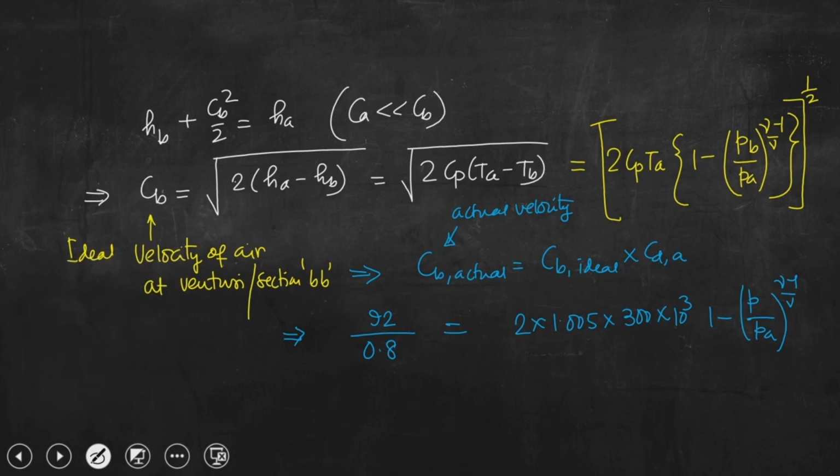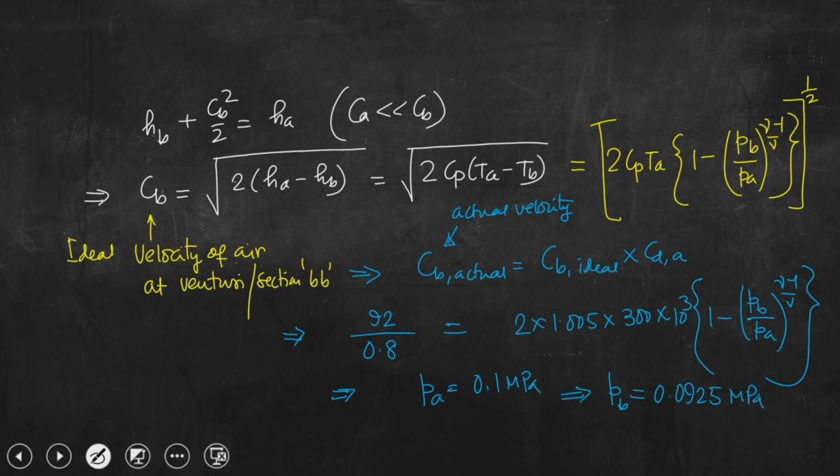So, from there we can calculate Pb minus Pa. With Pa equal to 0.1 megapascal, and having multiplied by 10 cube, we get Pb equal to 0.0925 megapascal.